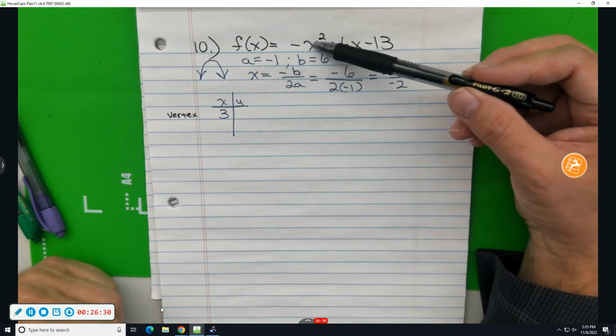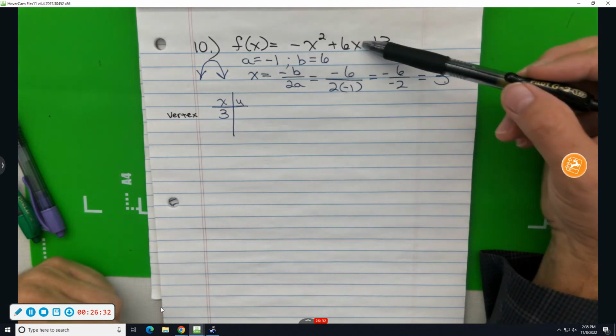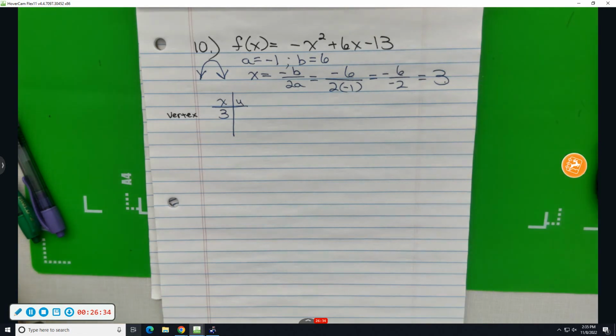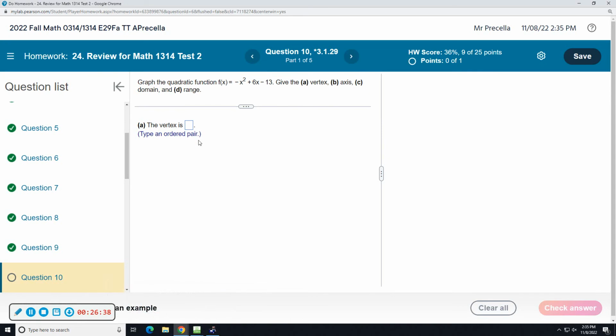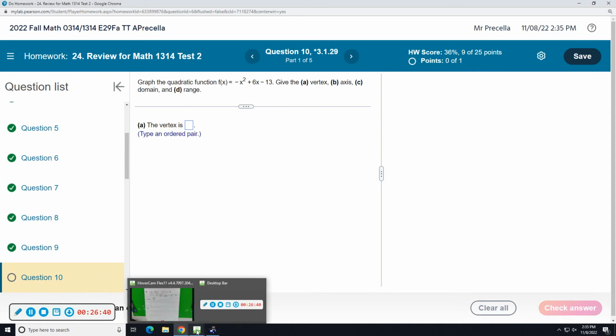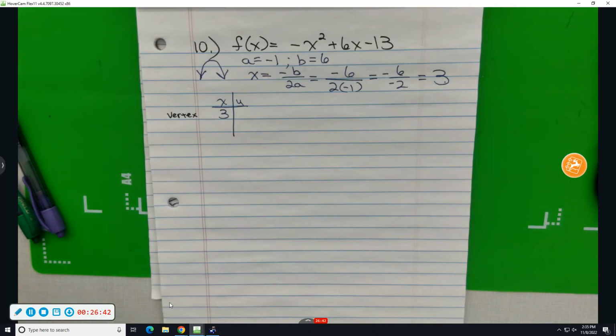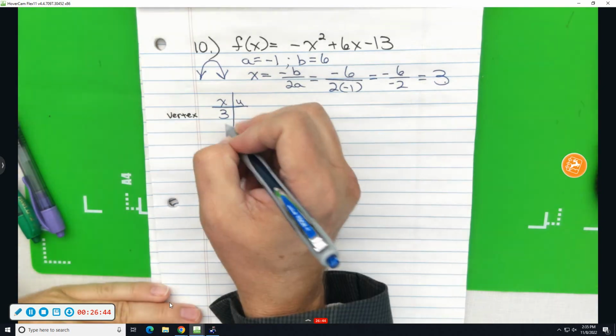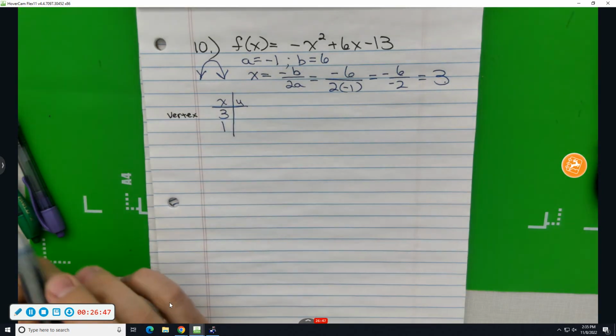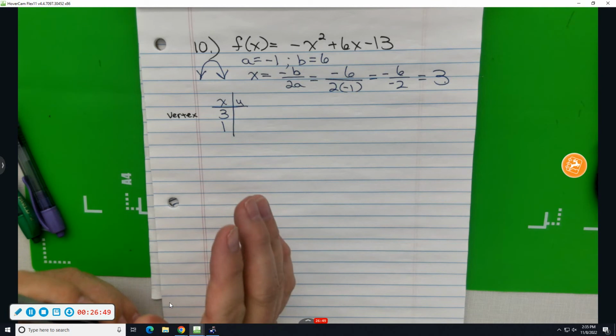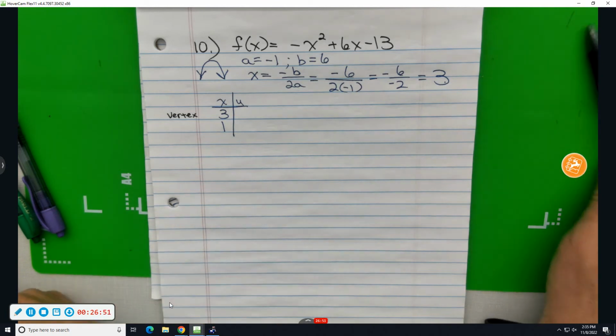Normally, I'd like to use 0. But if we do that, that graph may not fit on the grid they give us. So they're not showing the grid. But I think I'm going to use a 1 for x. That way I'll be sure that this point will fit on the grid they give us in a moment.